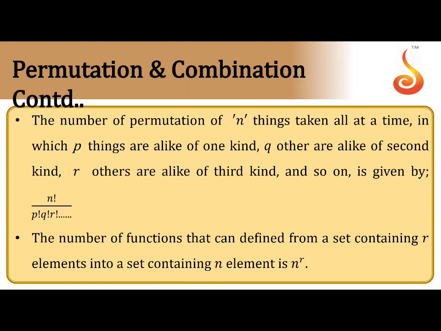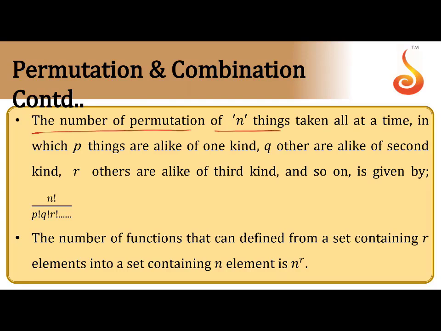Next is another important one: permutations of like things. Whatever we discussed in the previous case, all the objects are different, so no object is repeated. Sometimes there is a letter or a number which is repeated. So how to take the permutation?